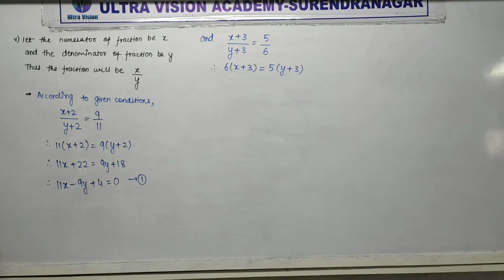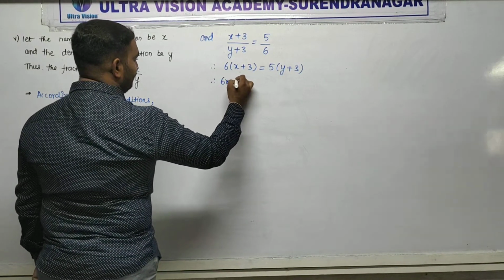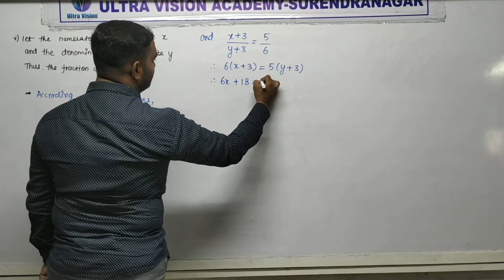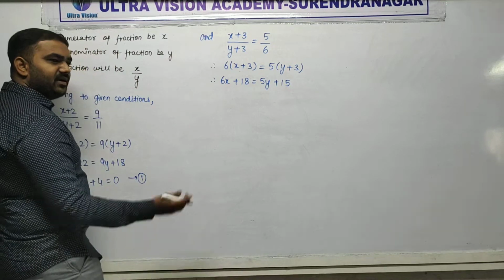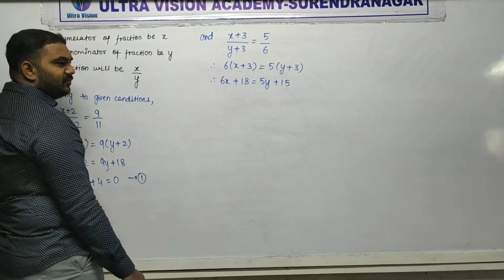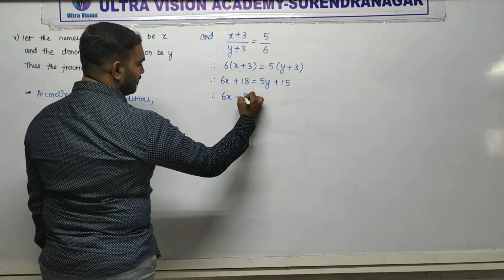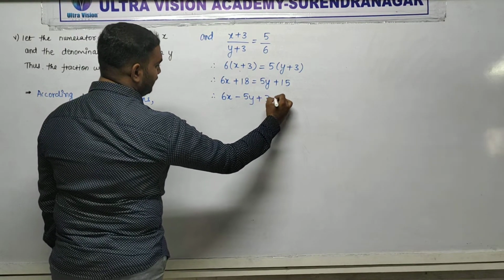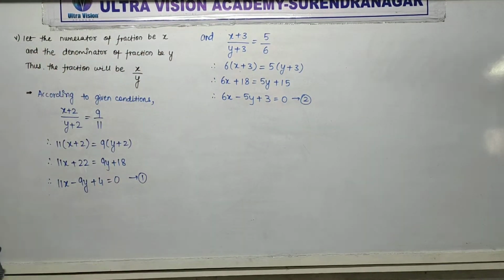Multiply 6 and 5 inside the brackets. 6 into x, plus 18 equals to 5y plus 15. Again, take 5y plus 15 on the left, we'll get 6x minus 5y plus 3 equal to 0. Ready? So from here we got both the equations.